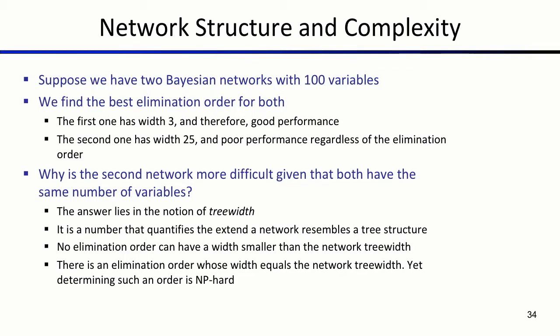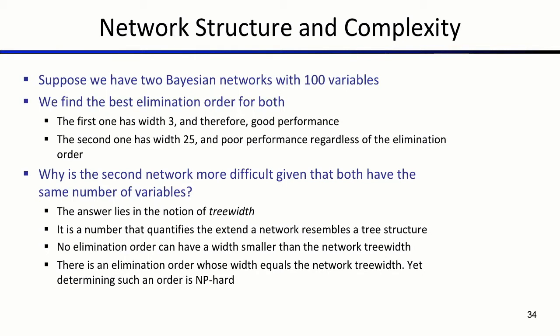At the same time, for the second network, when we find the best elimination order possible, we find out that it has a much larger width, something like 25, and the performance will be much worse than for the first one. Even though those two Bayesian networks have the same number of variables, one, for some reason, is a lot more efficient than the second one for the variable elimination algorithm.